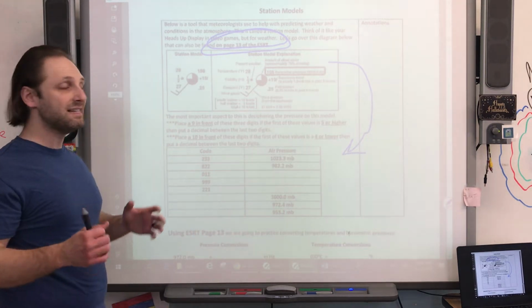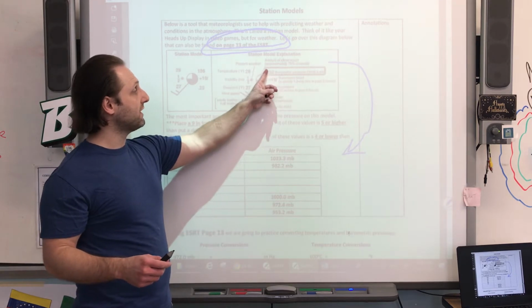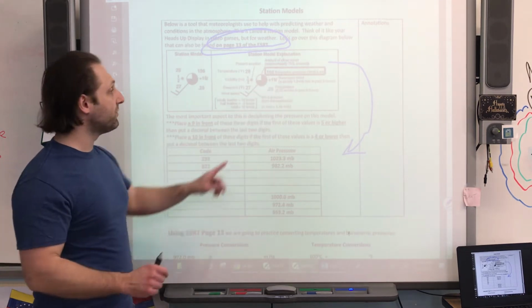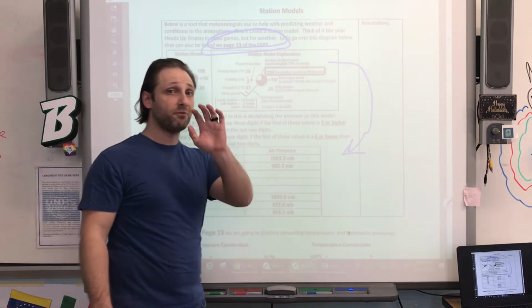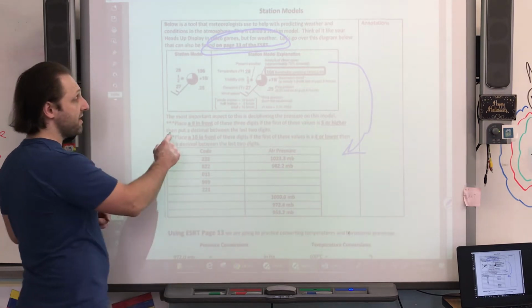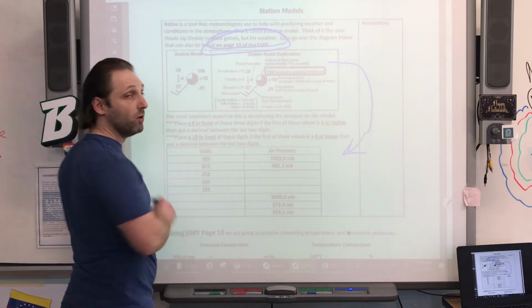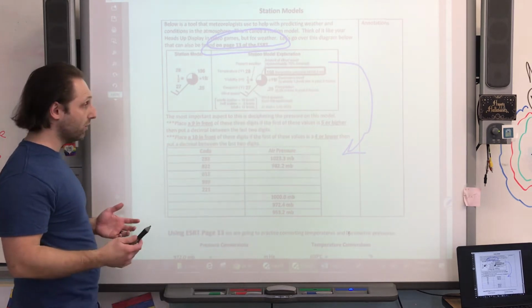We're going to place a 9 in front of a 3-digit code like this, as long as the first digit in that code is the number 5 or higher. Then we're going to put a decimal between the last 2 digits of that code.